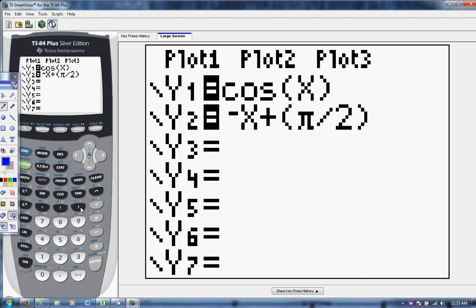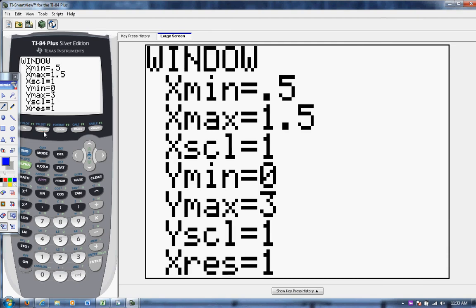Now, we were looking for the linearization at pi halves, weren't we? So when you do your window, I think probably 0.5 is okay. Isn't pi halves 1.57? So why don't we just go to pi, 3.14, and maybe we'll make my scale the pi halves, 1.57. And if I remember some things about the trig functions, they don't go above 1.